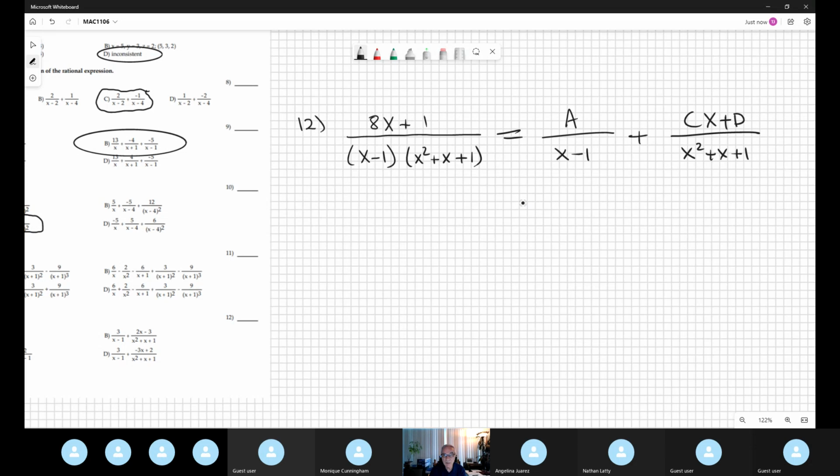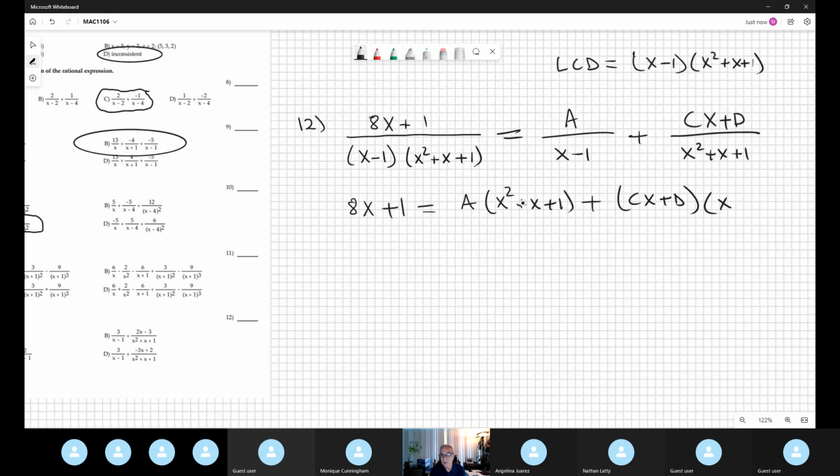Okay, our least common denominator is, well, not always, but in this case, both together, because there is no repetition. And so when you multiply, you have a times x squared plus x plus 1, plus cx plus d times x minus 1.